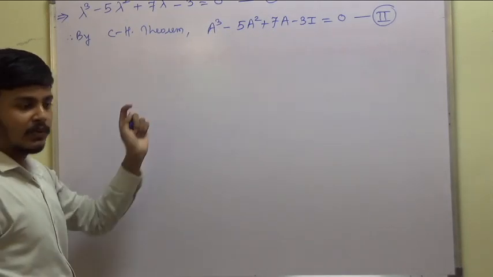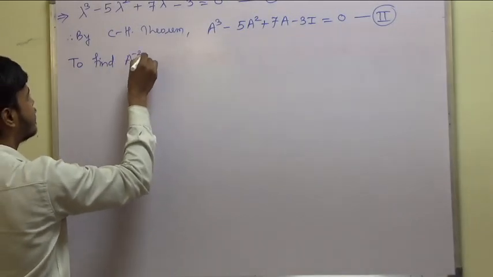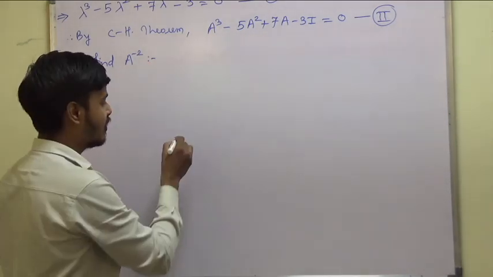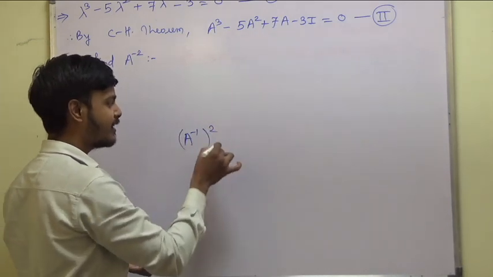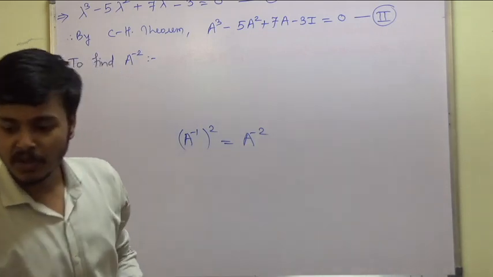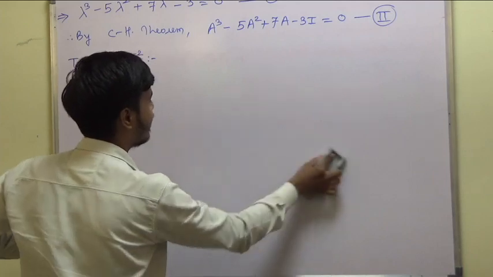This is equation 2. Now to find A power minus 2, how can one find it? You just find A inverse and then take the square of it. It would give you A power minus 2. So our objective for the time being is to find A inverse.